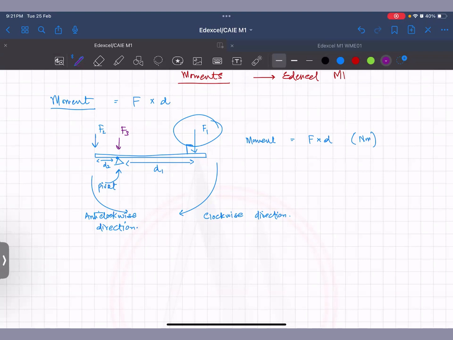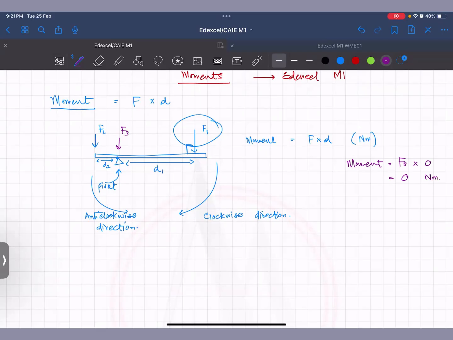If the line of action of force is passing through the pivot point, then moment won't be generated. So the moment for F3 would be 0 Newton meter.